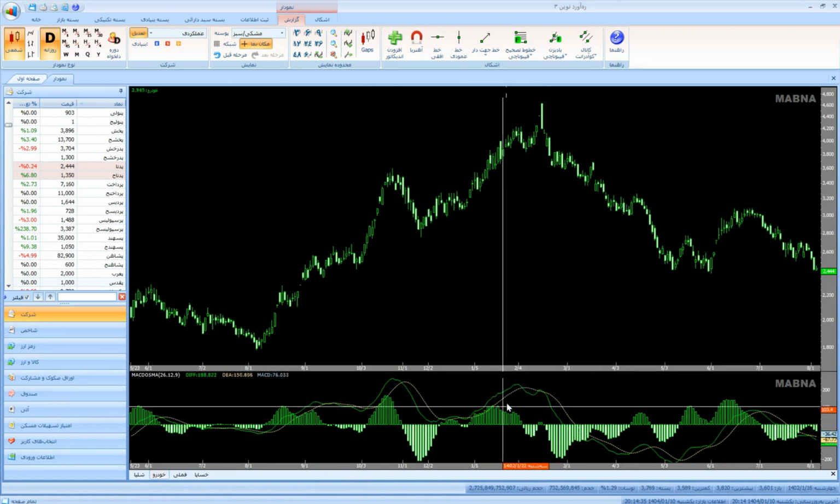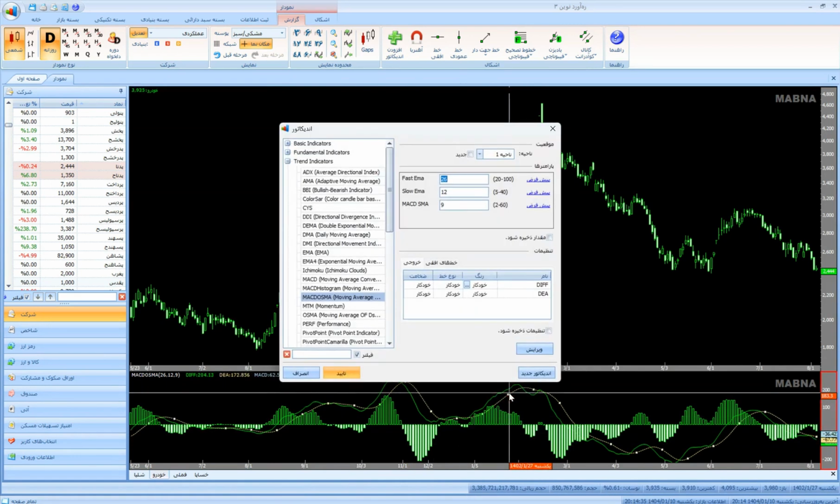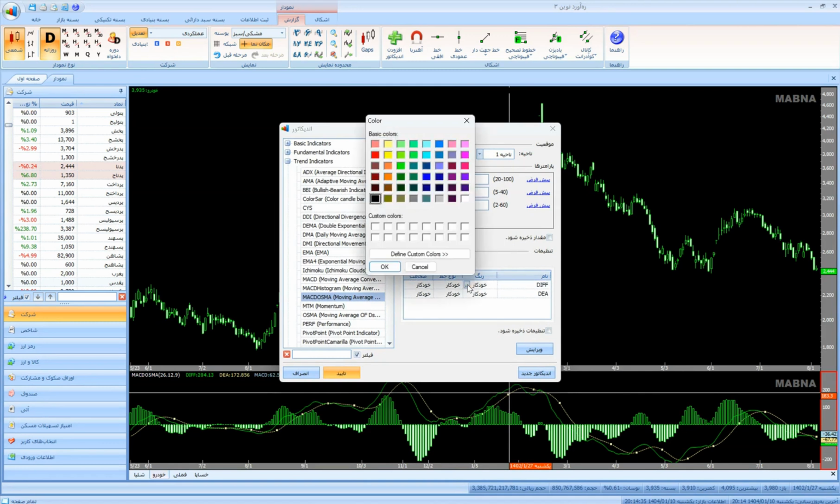So for this, I just need to double click on these lines, and the MACD settings window will open again. In this section, the DIFF and DEA options, I just need to change their color to match the background color of my analysis so that those lines are not visible.